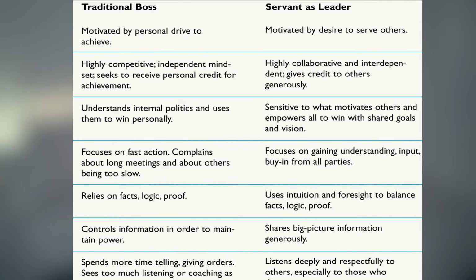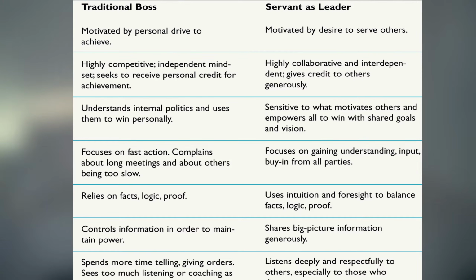We talked about that. The boss understands internal politics and uses them to win personally. Then the servant leader, sensitive to what motivates others and empowers all to win with shared goals and vision. The boss focuses on fast action, complains about long meetings and about others being too slow, whereas the servant leader focuses on gaining understanding, input, buy-in from all parties.